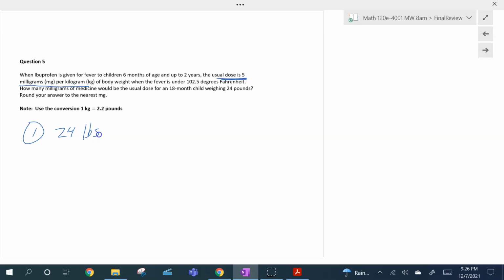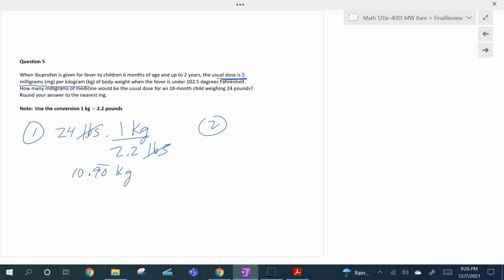For every 1 kilogram, it's 2.2 pounds. Notice our pounds cancel. So 24 times 1 divided by 2.2 is 10.90 repeated kilograms. That's how much the baby weighs.